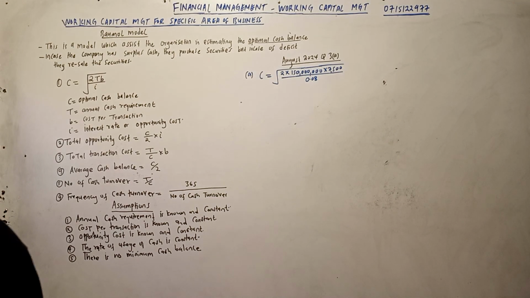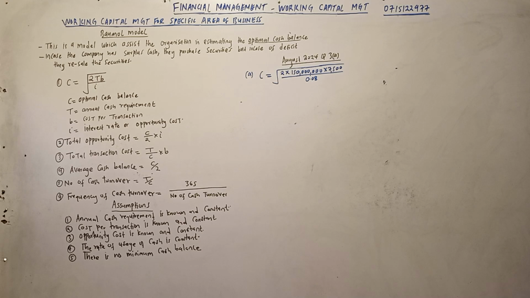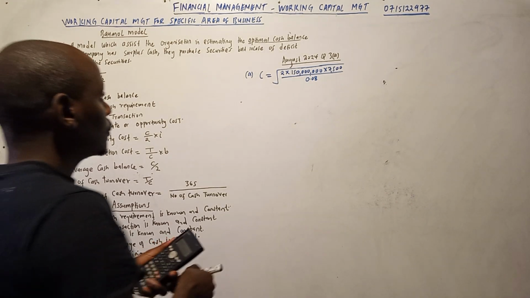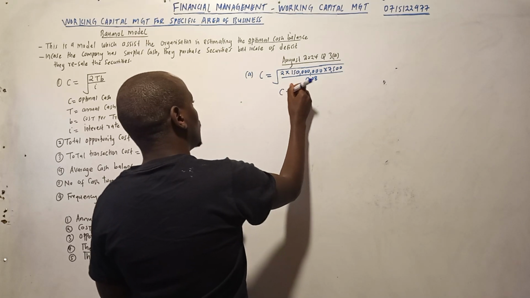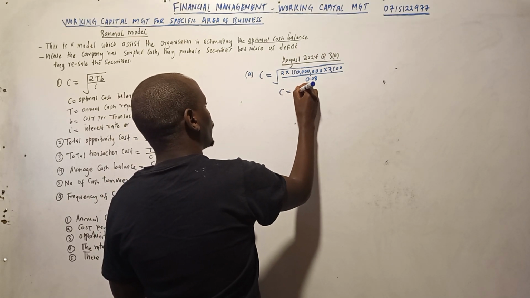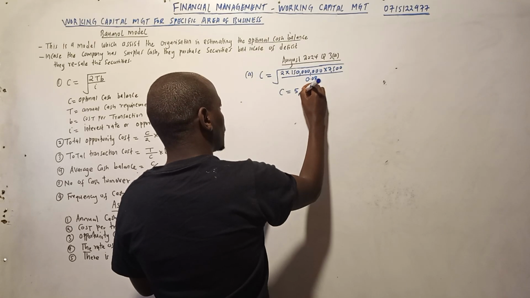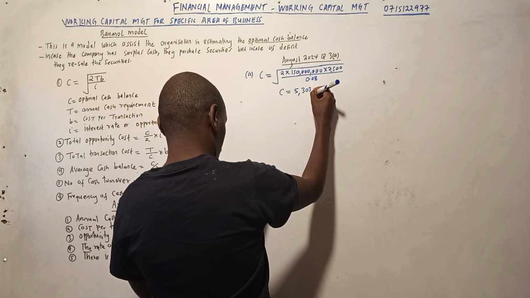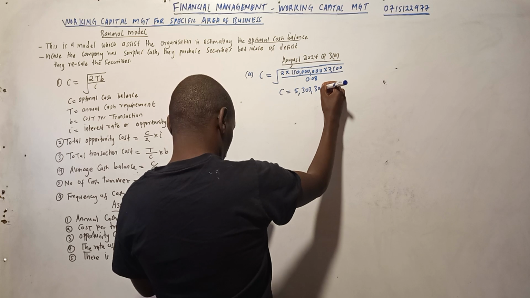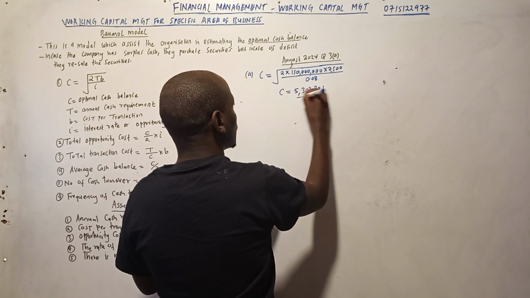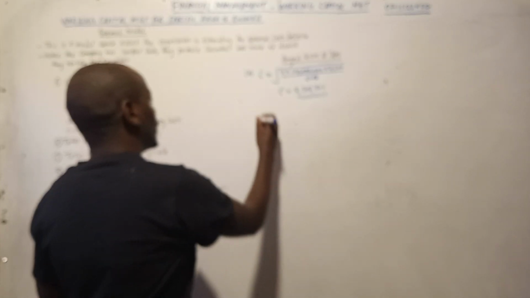So what will be the value? 2 times 150 million times 7,500 divided by 0.08, then the square root of the answer. So the value of C will be 5,303,301. So that's number A, or number one.